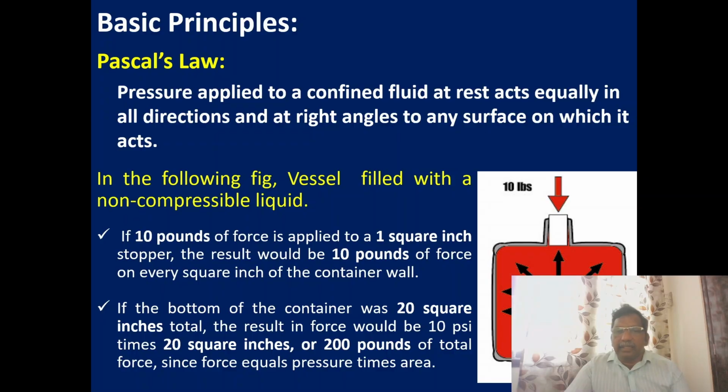So at the bottom of the container the area was 20 square inch. The total resulting force will be 10 psi times 20 square inch, so we get an output of 200 pounds total force, since force equals pressure times area. On 1 square inch we are applying 10 pounds, a 10-pound force, and we are getting an output of 200 pounds. Within a confined area, it acts equally in all directions, so based on the size, the force varies.